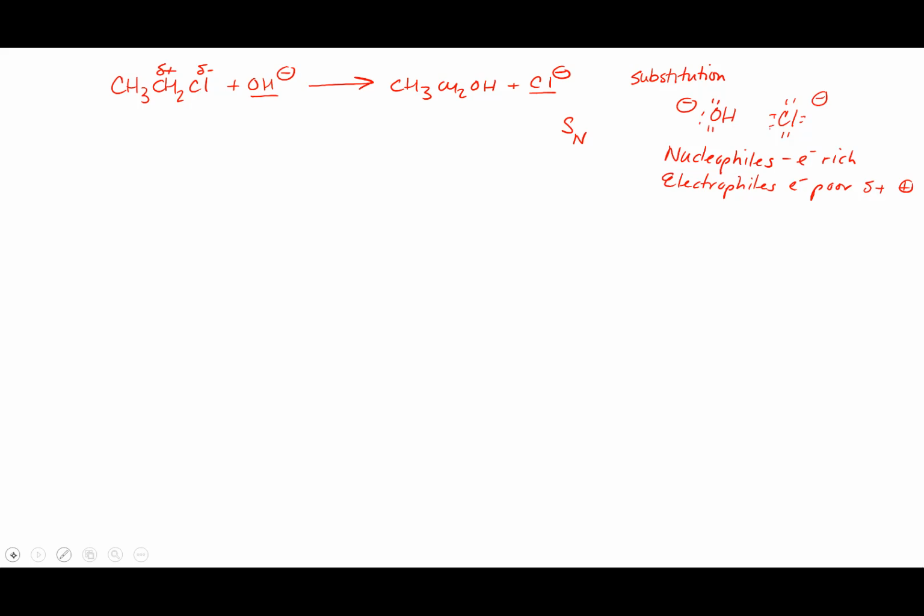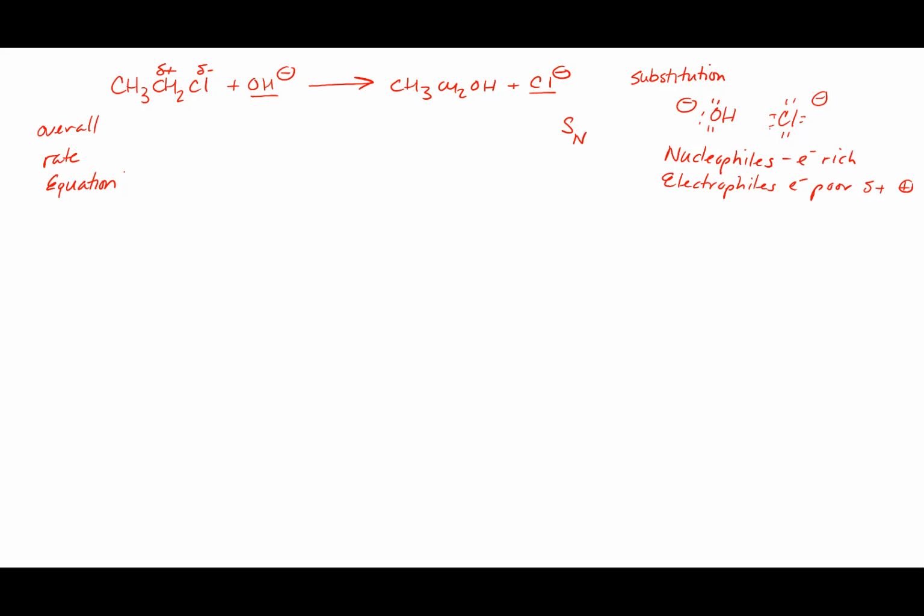And usually the way we start with a mechanism is we say, okay, let's do some kinetics on it. So we have to go back to general chemistry or beyond and remember some basic things about kinetics. The first thing is I need to know what is the overall rate equation for this reaction.